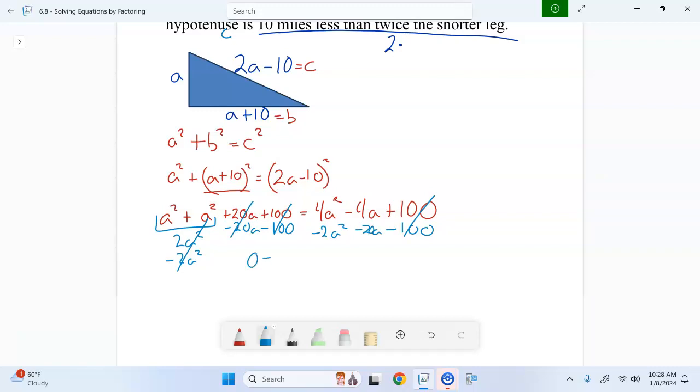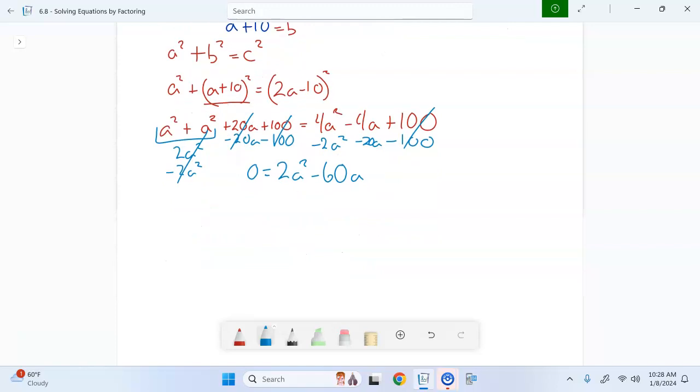So we get 0 equals 2a squared minus 60a, and the constants cancel out to be 0. And so we can go ahead and factor. We have a GCF of 2a, and we're left with a minus 30. The zero factor property says let's set both of these factors equal to 0. And we solve. We get a equals 0 and a equals 30.